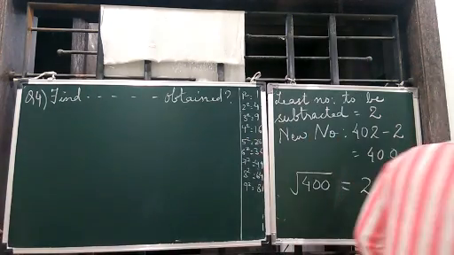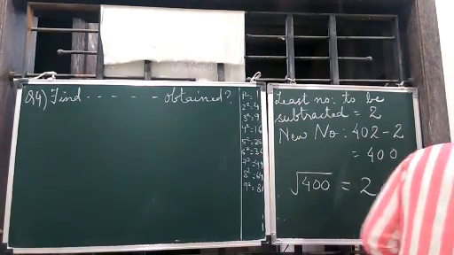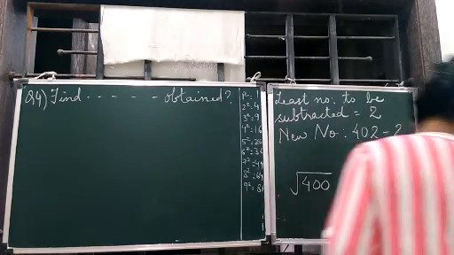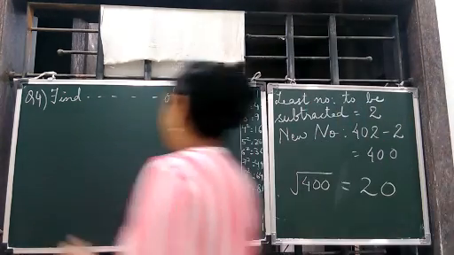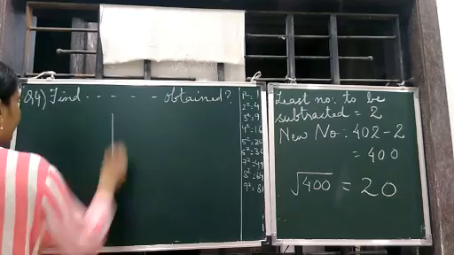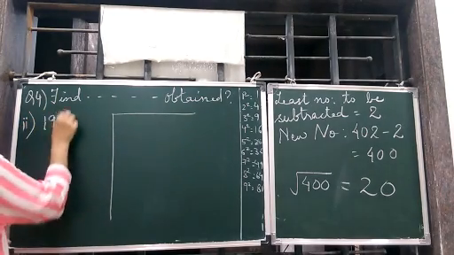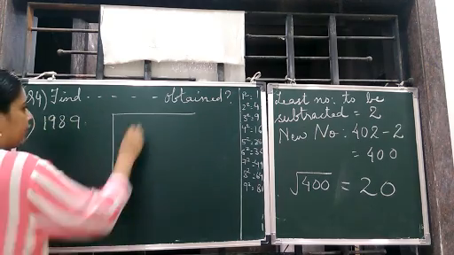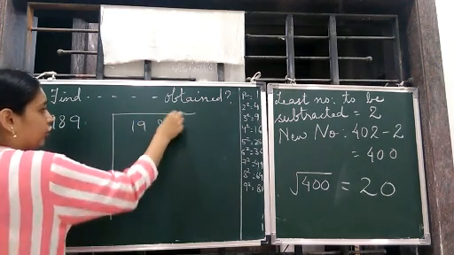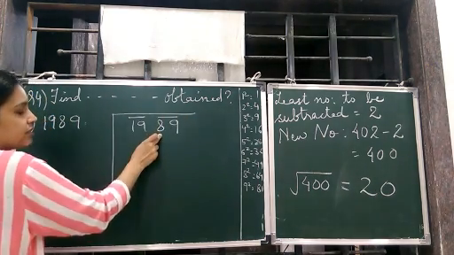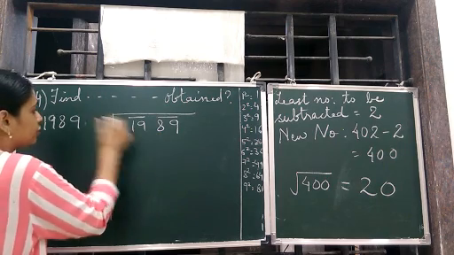Now we start with the second one. 1989. Again, no decimal. So 1s, 10s का एक pair, 100s, 1000s का एक pair.